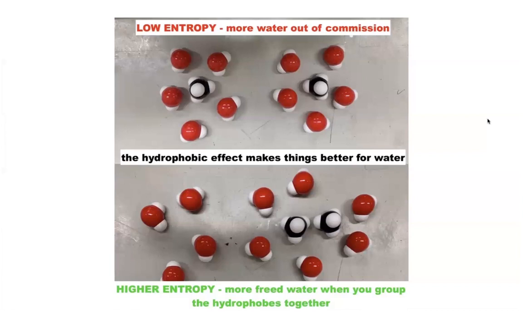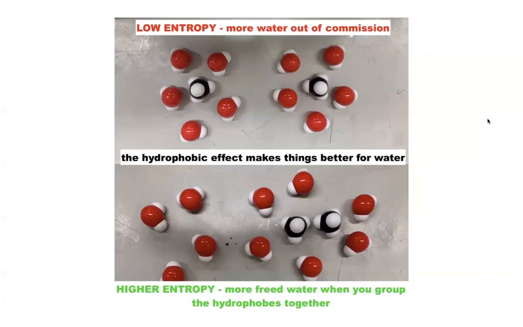If you had two nonpolar things floating around, or a nonpolar site and a hydrophobic molecule, say a hydrophobic drug, and water had to surround each of those, that would decrease entropy. That would be a low entropy for the water. But if the molecule were to bind, you would free up some of the water that had been used to surround those things, and now you get an increase in entropy driven by the water.